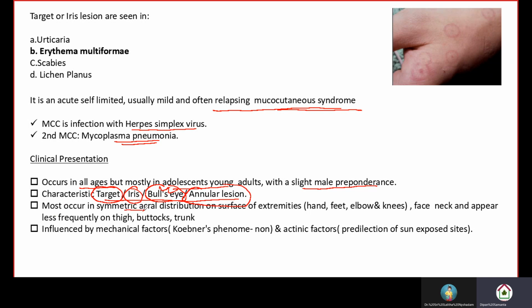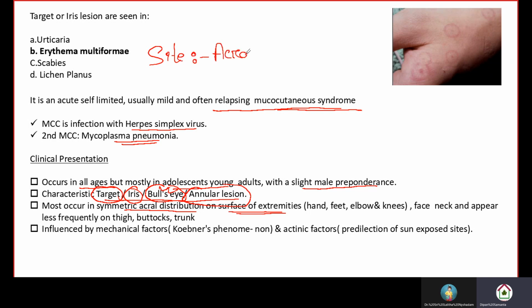Most occur in a symmetrical acral distribution on the surface of extremities. So the site is very important.